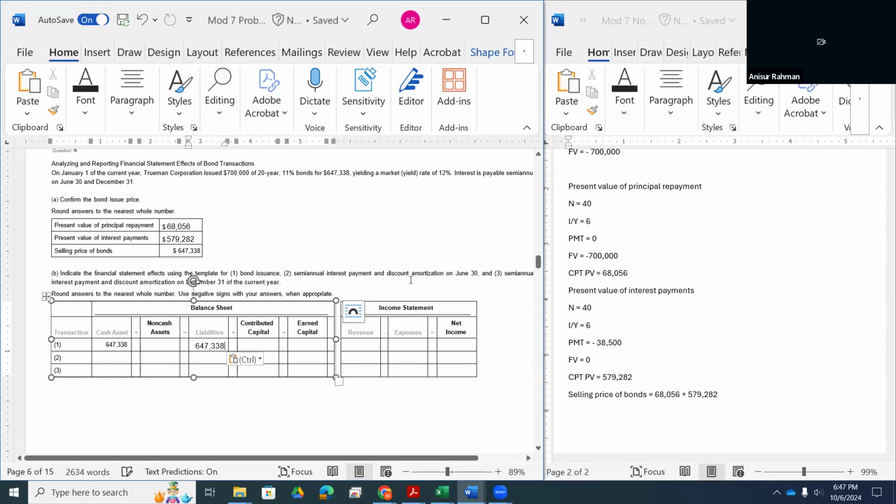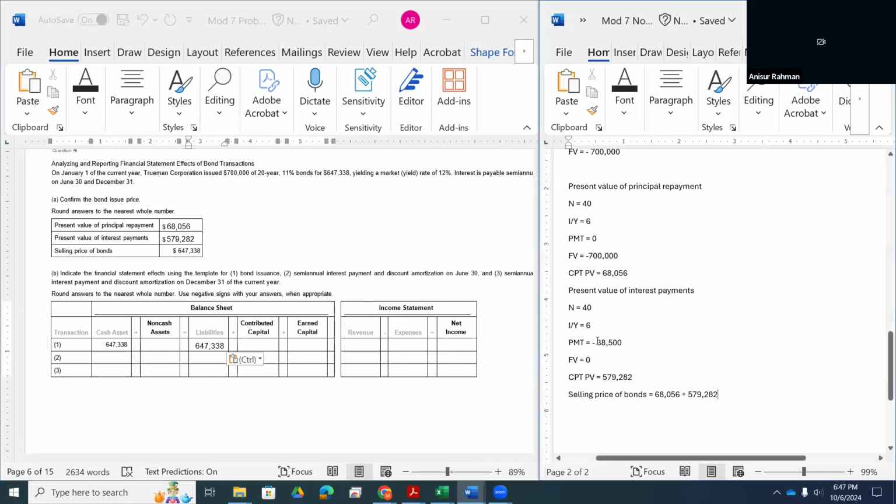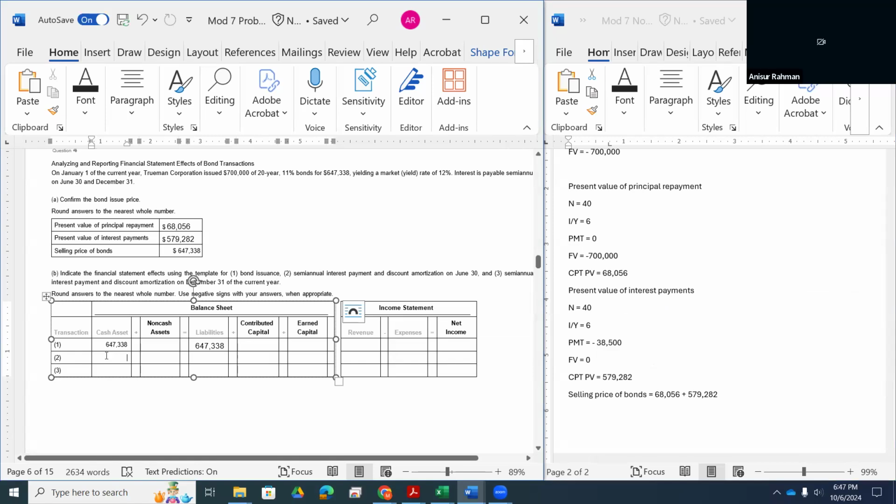Okay, semi-annual interest payment. Now, remember, our cash payment is this amount. This is the fixed payment. So I'll copy this, Control-C, and paste here, negative. So that is the amount the company is paying every 6-month period. So that will reduce the cash.